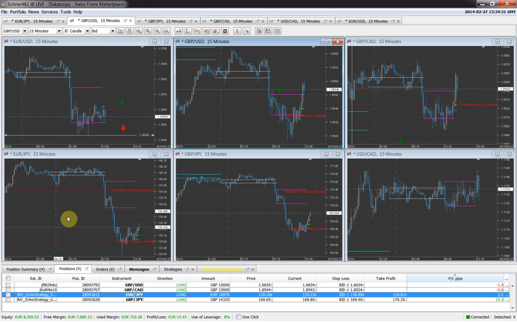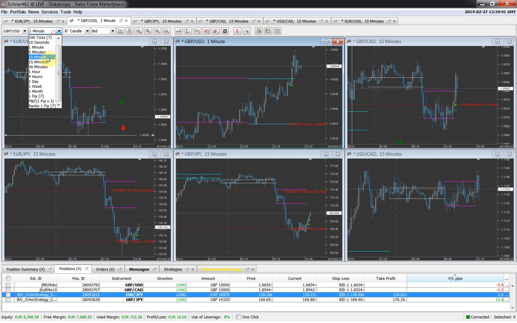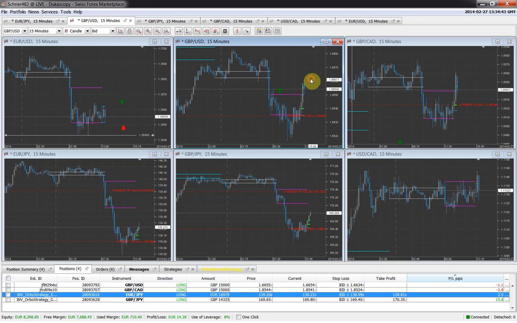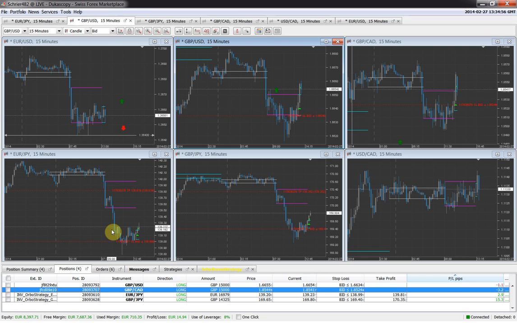A little bit of feedback. As long as we are above the entry line, we are gonna let it ride. Okay, pound CAD is reversing a little bit. Let's give it a little bit of time.